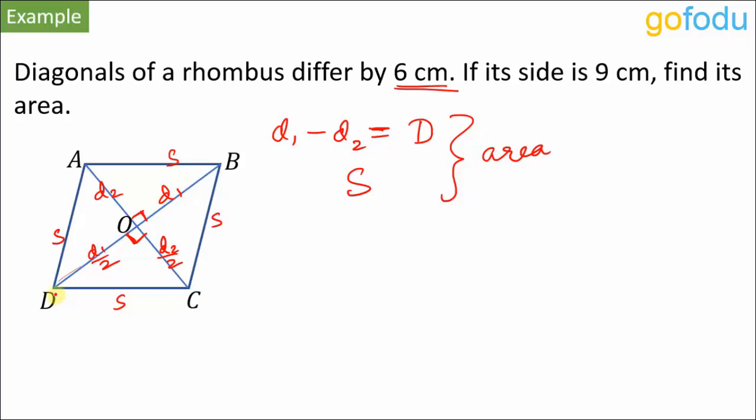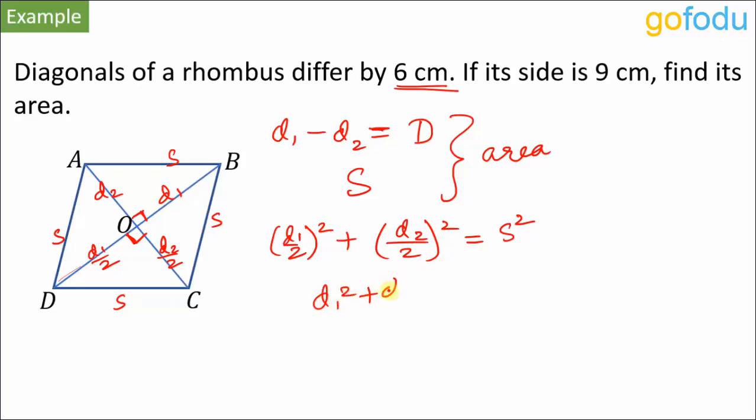So we have a right angle triangle DOC in which we can apply the Pythagoras theorem. (D1 by 2) whole square plus (D2 upon 2) whole square is equal to the hypotenuse square. And this gives D1 square plus D2 square is equal to 4S square.